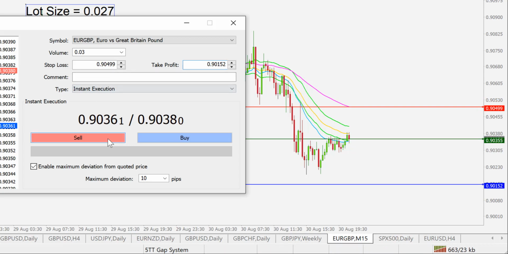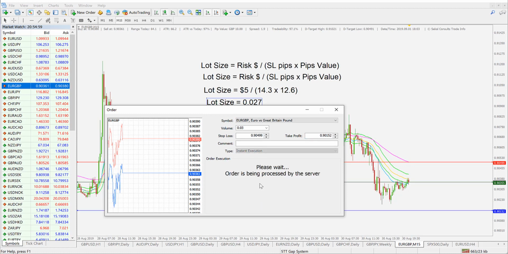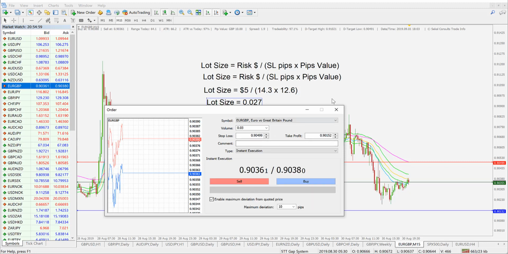And that's it, and you can just go sell. The market is closed now, but you can just go sell, and that's it. And if the market is open, we would have had the trade enter.